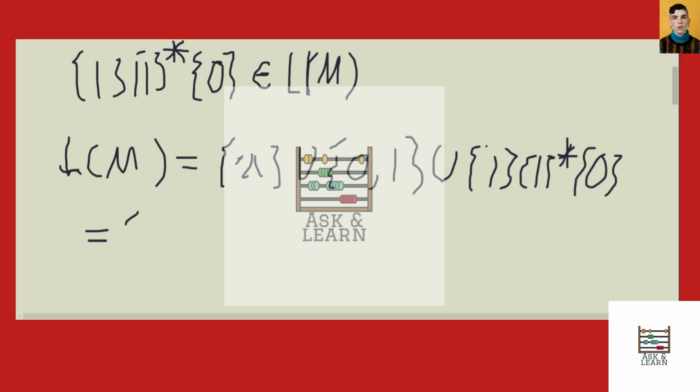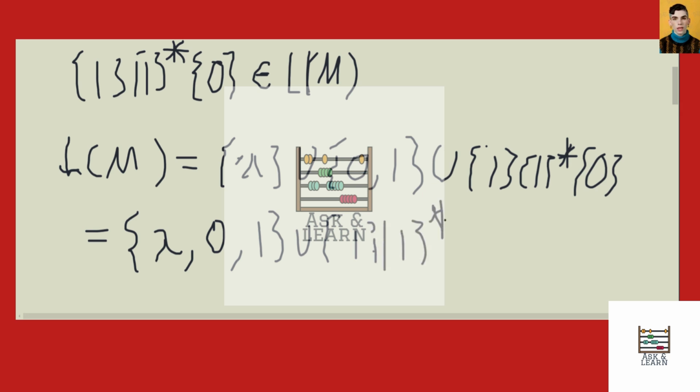And we see that the first two sets here can be combined to give the set containing the strings lambda, 0, and 1, union with the set containing the strings 1, 1 star, and 0.